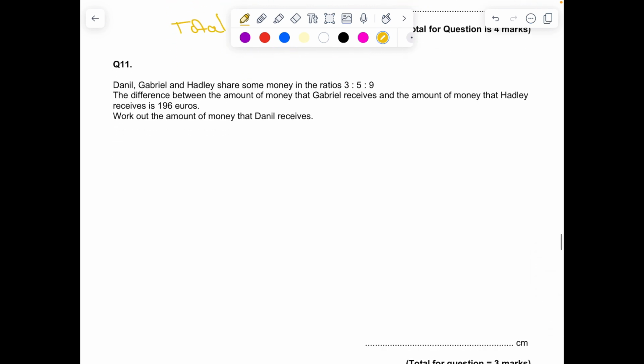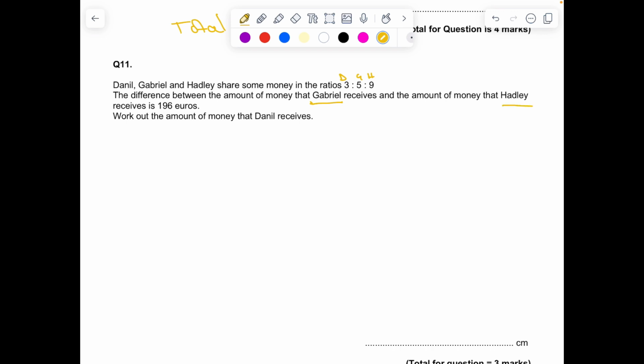Question 11. So we've got 3 friends and they're going to share money. The difference between the amount of money that Gabrielle receives and the amount of money that Hadley receives is 196 euros. So remember, the numbers are written in order of their names. So that's Danny, that's Gabrielle, and that's Hadley. And so we're looking at the difference between Gabrielle and Hadley.